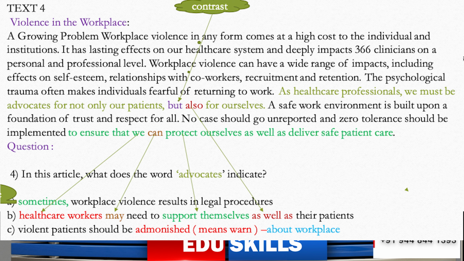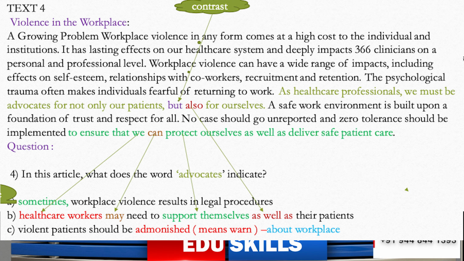A safe work environment is built upon a foundation of trust and respect for all. No case should go unreported and zero tolerance should be implemented to ensure that we can protect ourselves as well as deliver safe patient care.